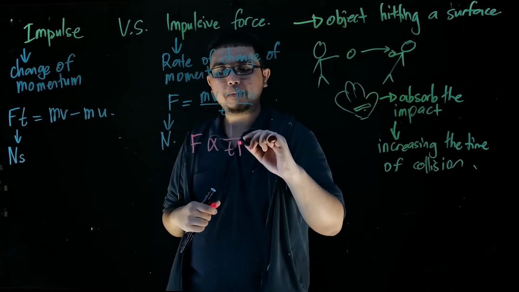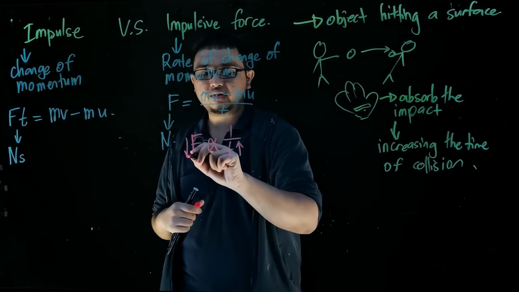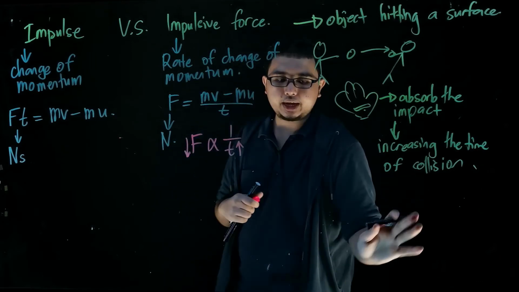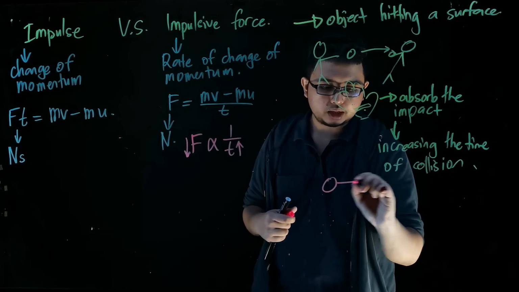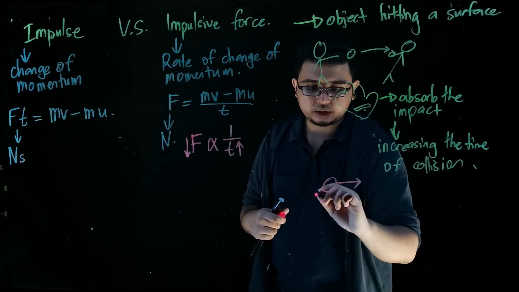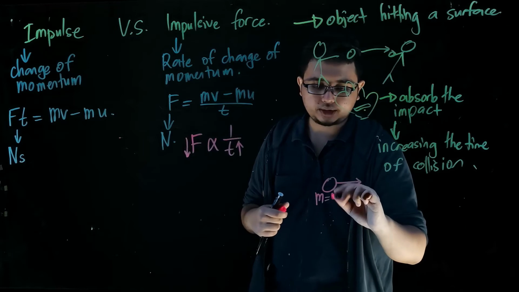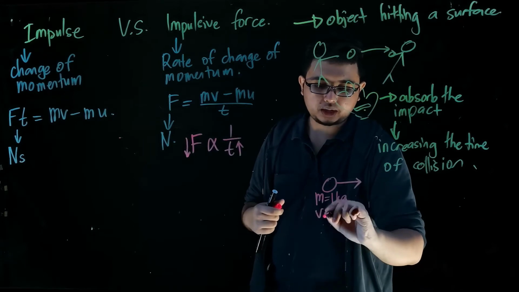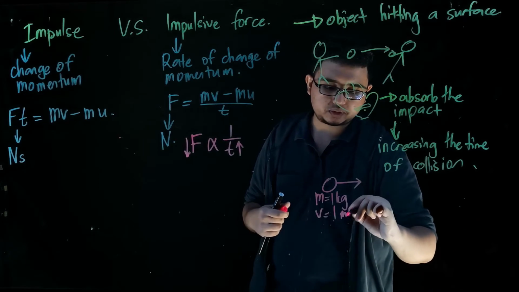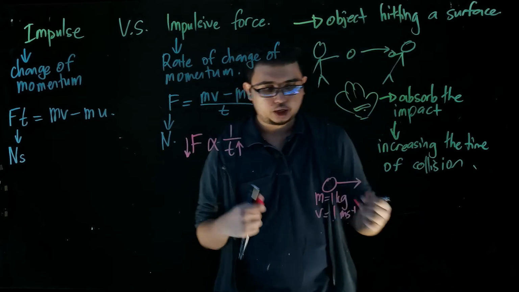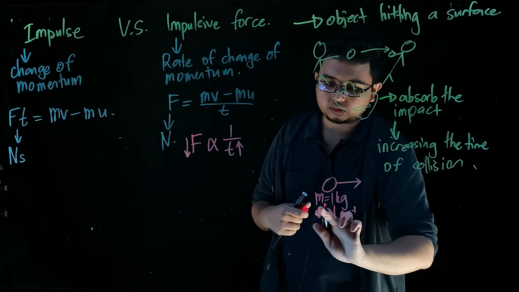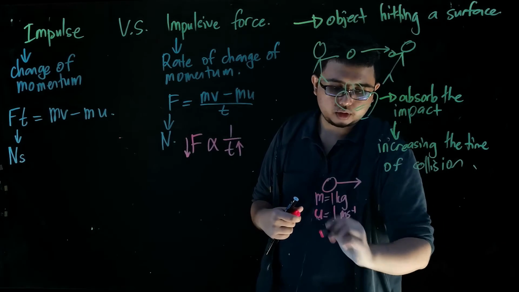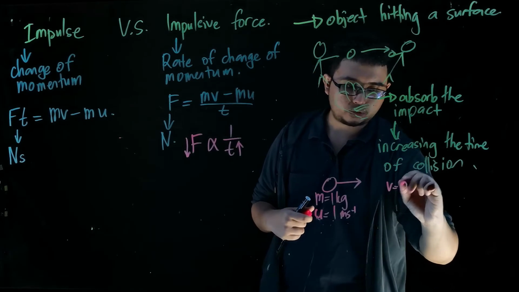So when your time increases, the force decreases. So here, let's say I'm giving a simple number. A ball is moving. Its mass is 1 kilogram. Speed is 1 meter per second. You need to stop the ball, which means the final velocity must be 0.